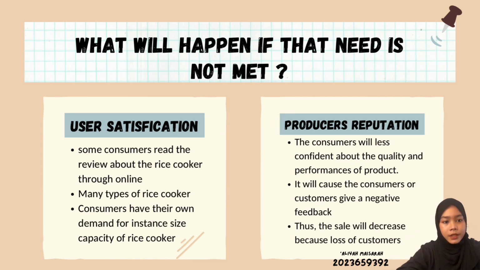The third one is consumers have their own demand, for instance, size, capacity of the rice cooker. Next is the producer's reputation, which is the consumers will be less confident in the quality and the performance of the product. Next, it will cause the consumers or customers to give negative feedback, thus the sales will decrease because of the loss of customers.